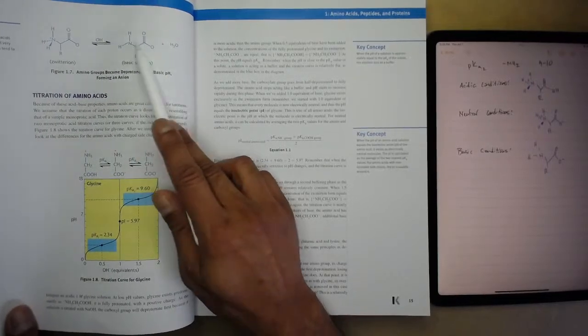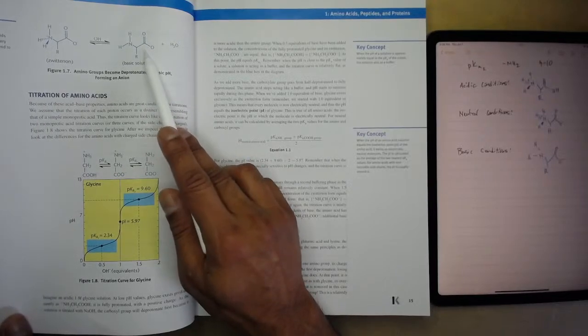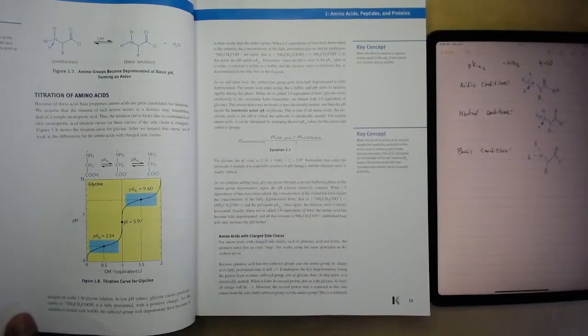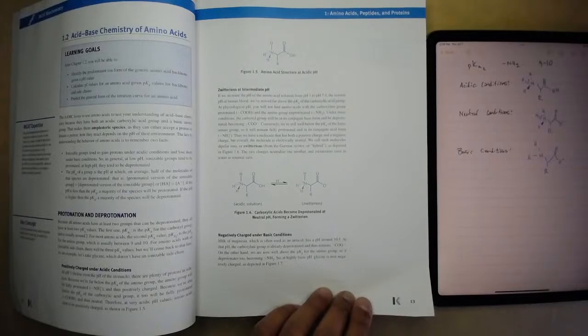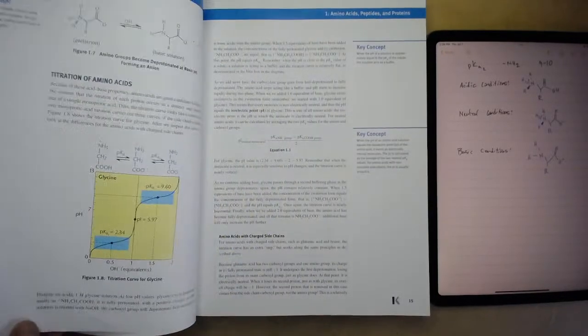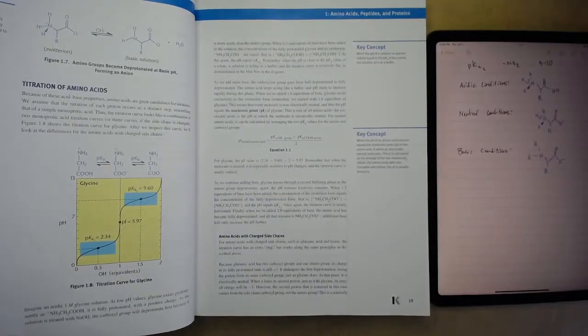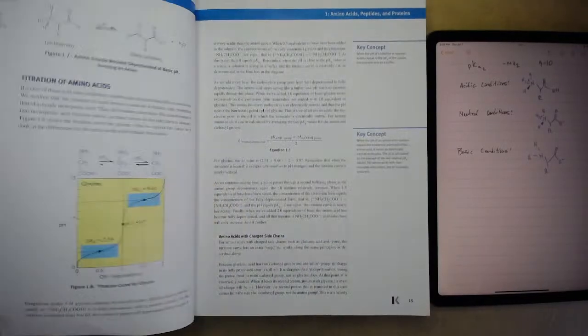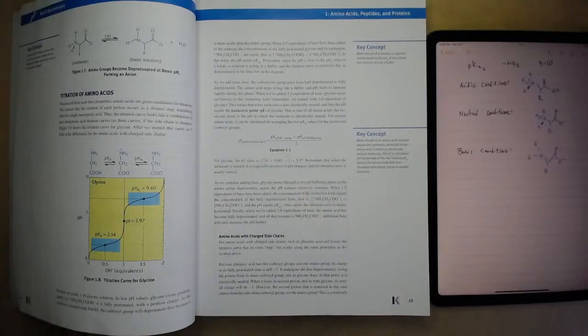Totally, like in its total charge, its overall charge is minus. All right.